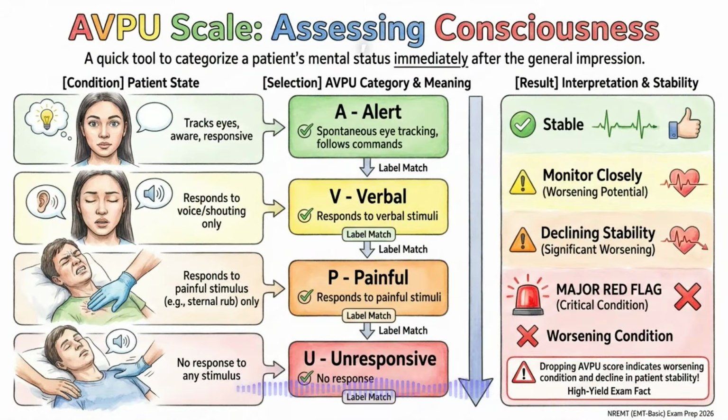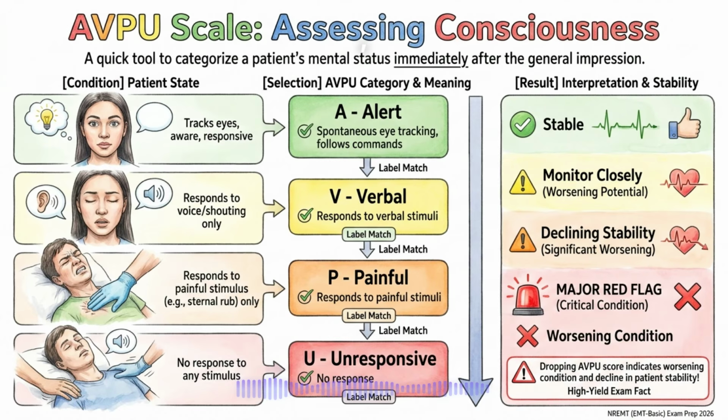Immediately after your general impression, you must assess the patient's level of consciousness, or LOC, using the AVPU scale. AVPU stands for alert, verbal, painful, and unresponsive, which allows you to quickly categorize the mental status of your patient.